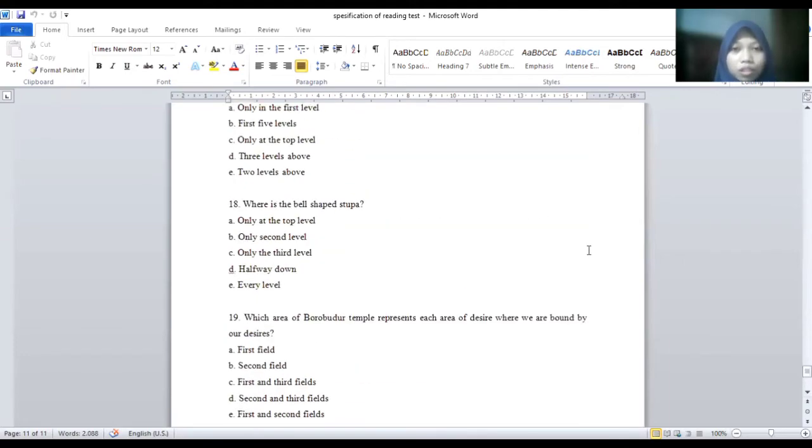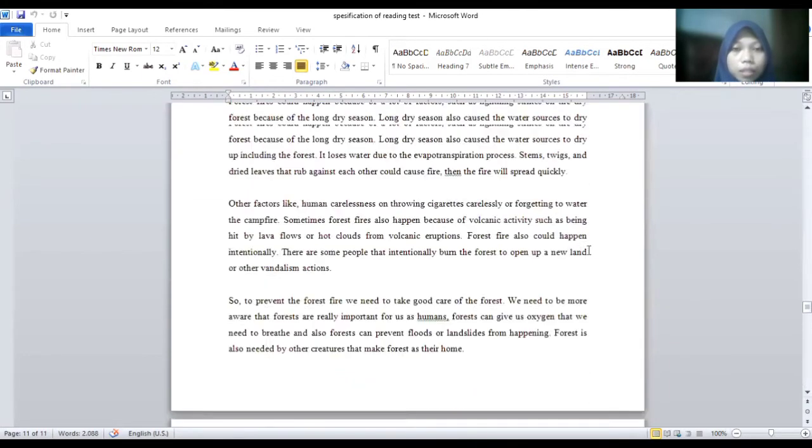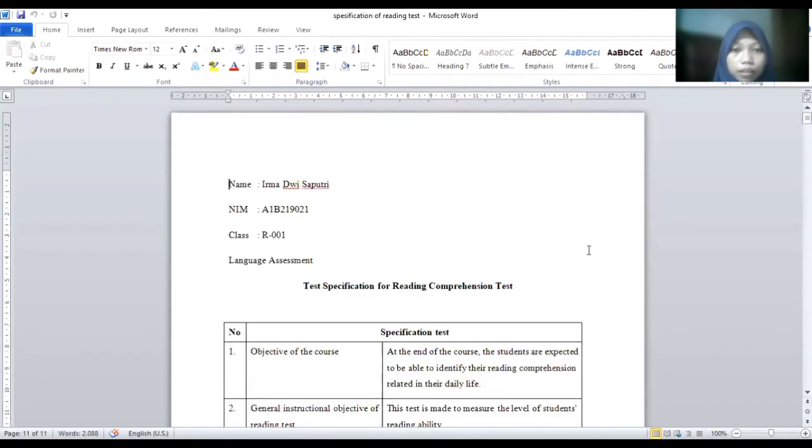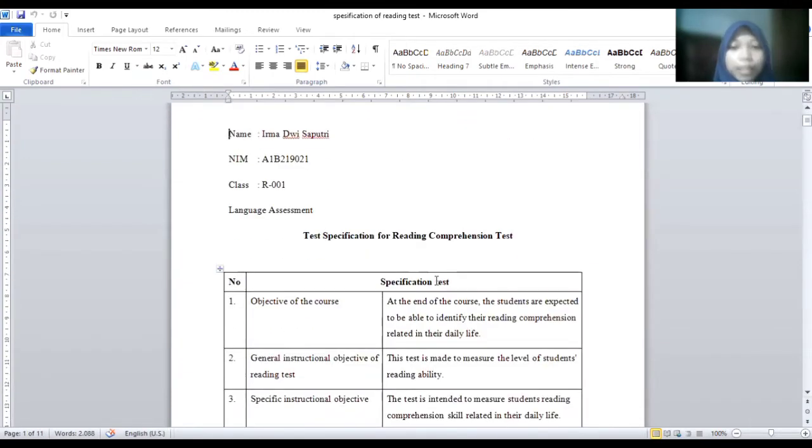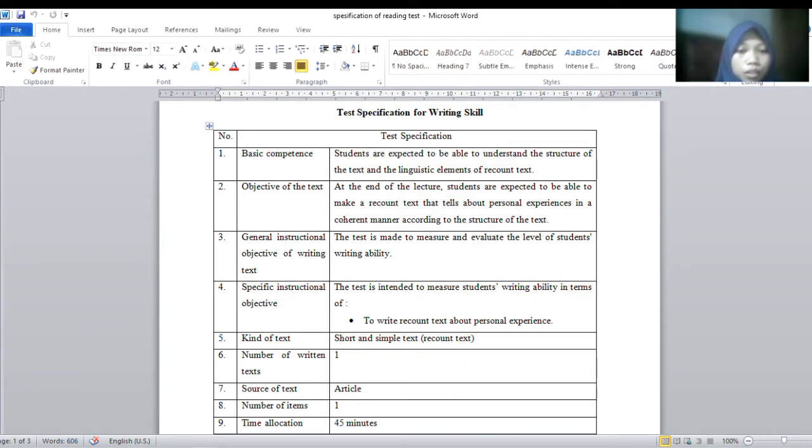Okay, so this is the specification for the reading comprehension test. And the next specification is about writing skills.